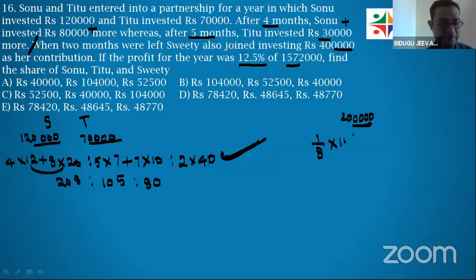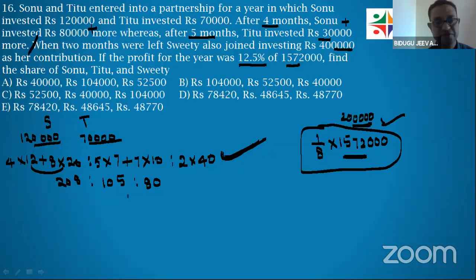So I don't want to do the calculation, it's a waste of time. Now I'll use this total amount in the calculation part. Let me write the amount received by Sonu. 208 out of how much? 185 plus 208, so 393. 393 into the profit, 1/8 into 1572000.